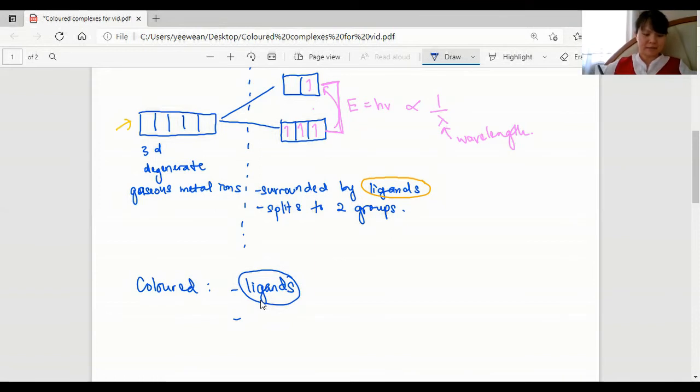And the second thing is there must be a partially filled d orbital, because it needs to have space to promote. Then it can absorb that energy and you can see the complementary color.